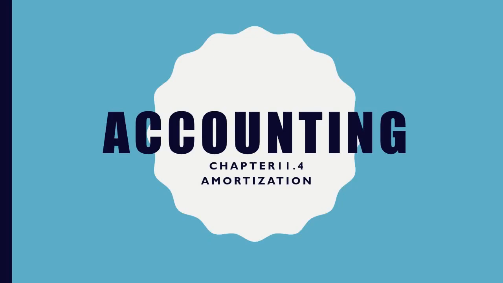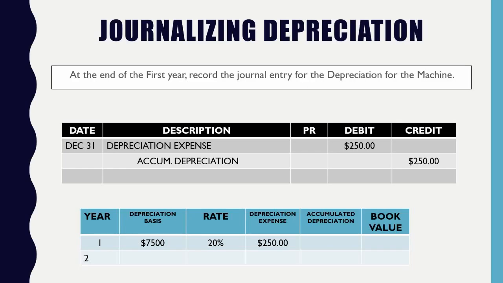Okay. So that is straight line for you. Any questions in regards to straight line? It's the easiest form of depreciation, and it's the most widely used and most acceptable for IRS. This is the one where you're not having to figure out numbers constantly. If you figure out one number, the whole thing pretty much solves itself.